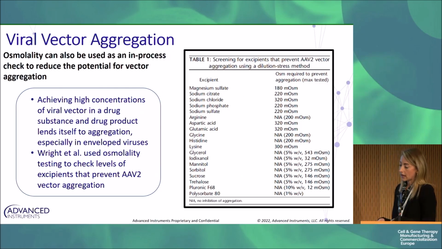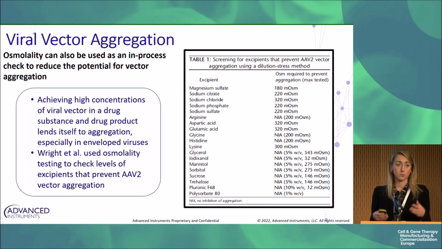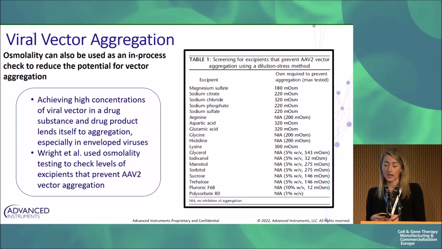You can see from the table that Wright screened the different excipients that are known to reduce that aggregation. What they were doing was testing the level of osmolality to see which was the most optimal osmolality, or concentration of that excipient, to prevent AAV2 vector aggregation.